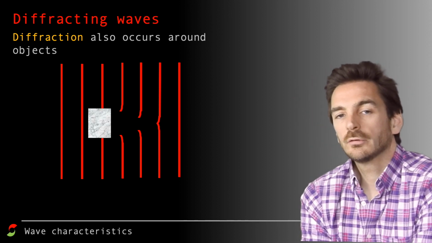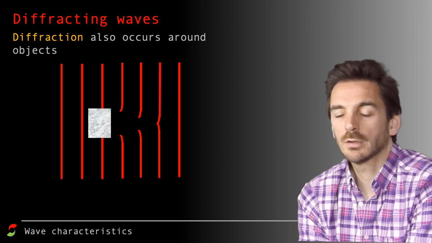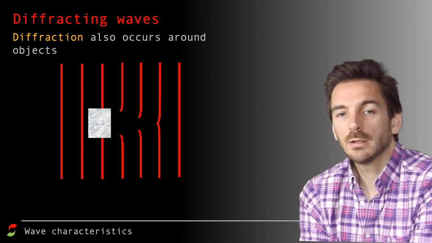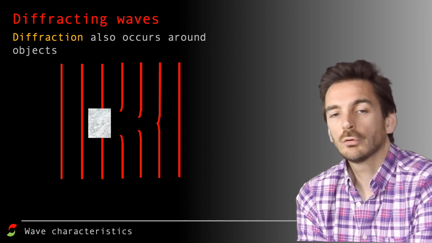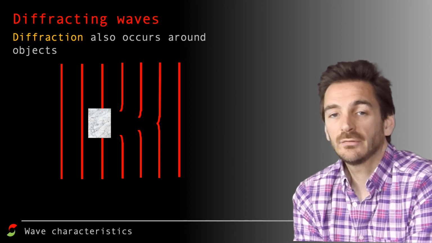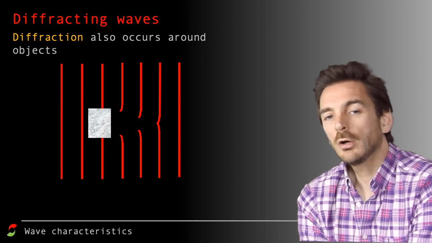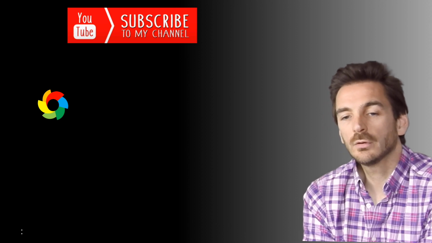In this example, it shows that the wave diffracts into that area beyond the object. And again, if you had a longer wavelength being used here, the diffraction would be greater. And if you had a wave with a much shorter wavelength, then there'd be less diffraction occurring, there'd be less spreading out. So I hope you found this introduction to characteristics of waves useful.